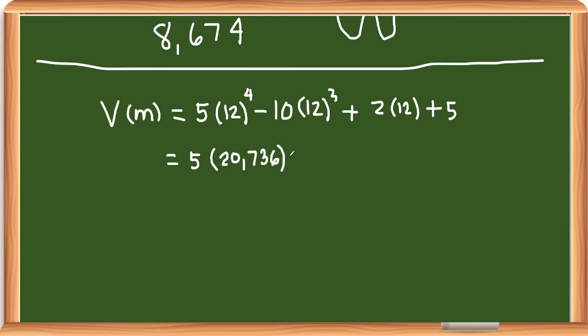Okay, and then minus 10 times 12 cube, which is 1,728. Okay. And then plus 24, because 2 times 12 is 24, plus 5. Okay, so what is 5 times 20,736?